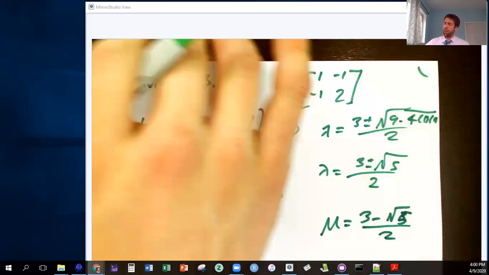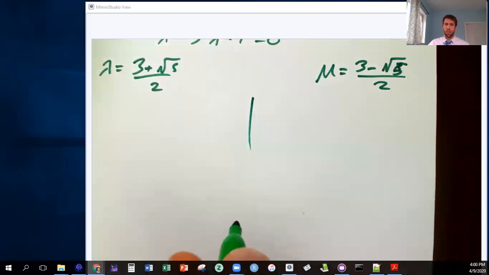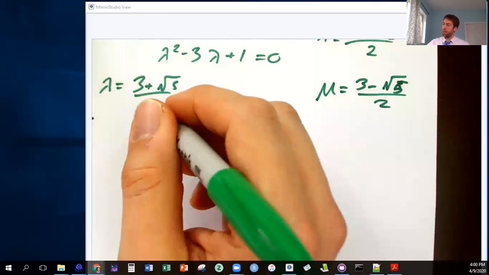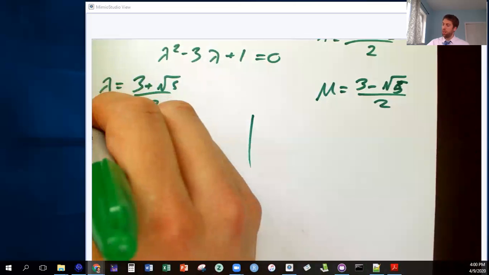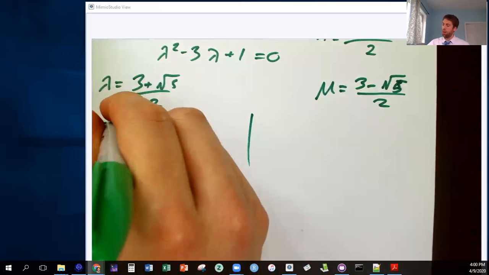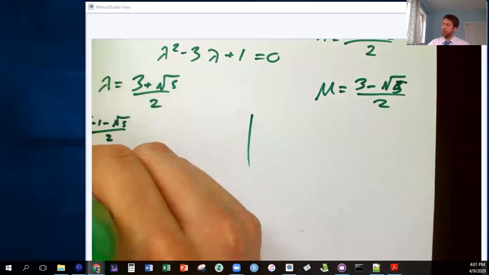Okay, now let's find those eigenvectors. So if I subtract that from the diagonal, I have 3/2, so 1 minus 3/2 is -1/2, minus square root of 5 over 2, as well. I made that bracket not nearly big enough.